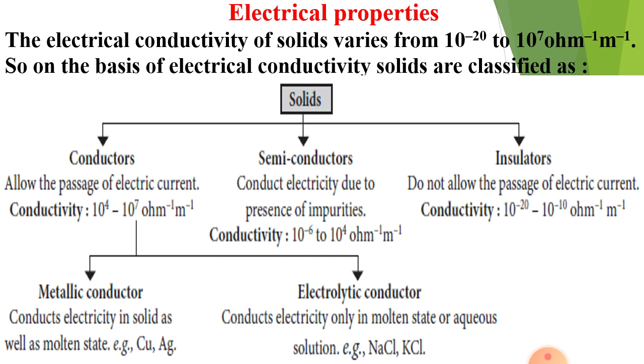As the name indicates, metallic conductors are metals which conduct electricity either in solid state as well as in molten state or in liquid state or gas state. This is due to the presence of free and mobile electrons.